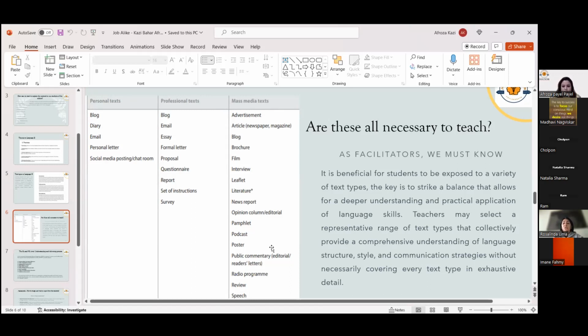It's useful for them because they are the ones doing the research. They choose which text they want to present in the class, and I can help them and elaborate, providing more features of each text so that they get a better understanding of the differences between them.